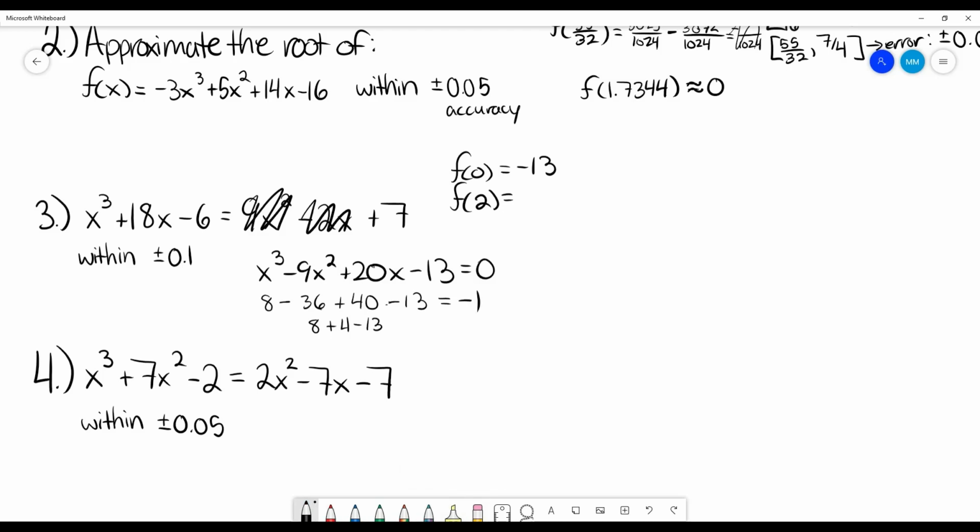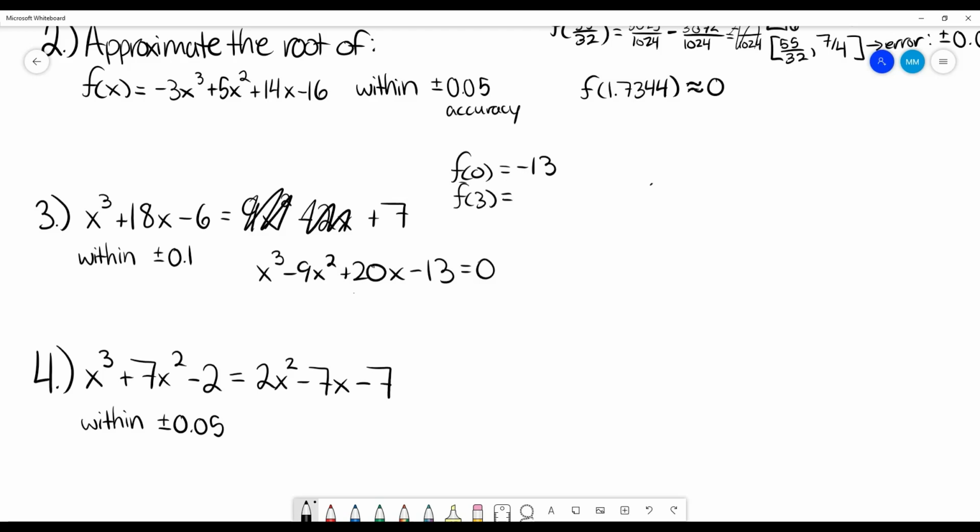Because these are both negative, we can't use this interval, because we can't guarantee that there's a 0 in there. So let's try something. Oops, I don't want to erase all of that. I do want to erase this, and I want to erase this. Let's try maybe f of 3.